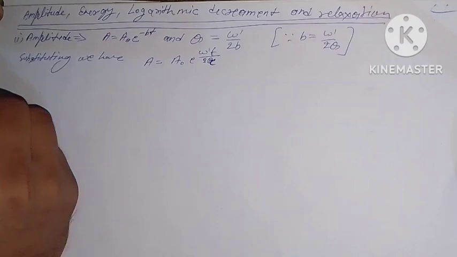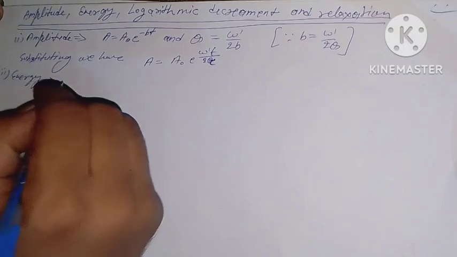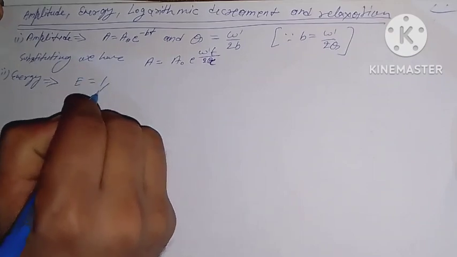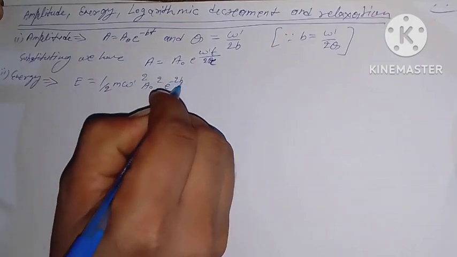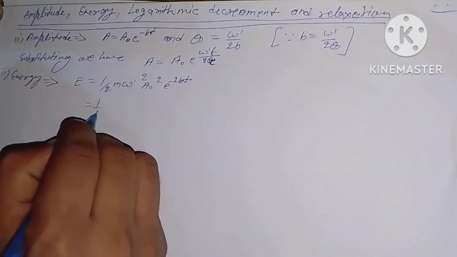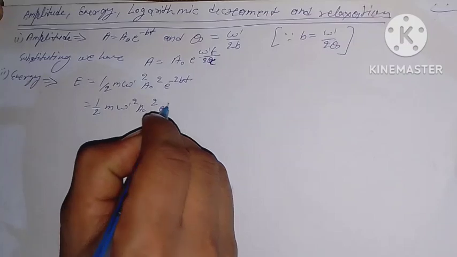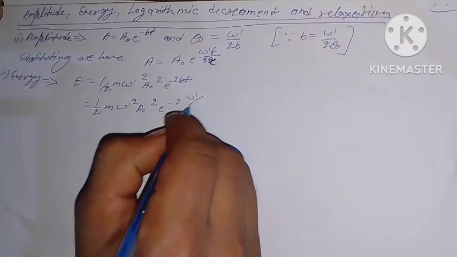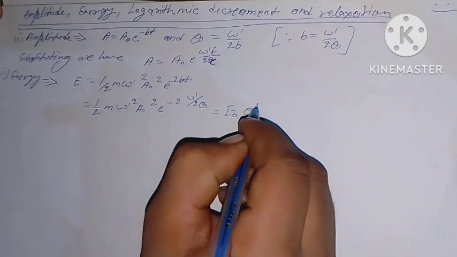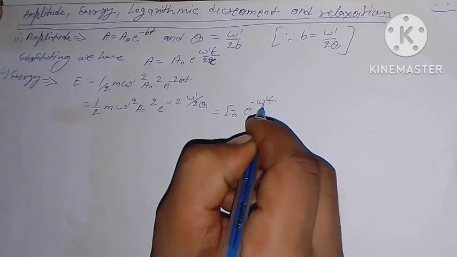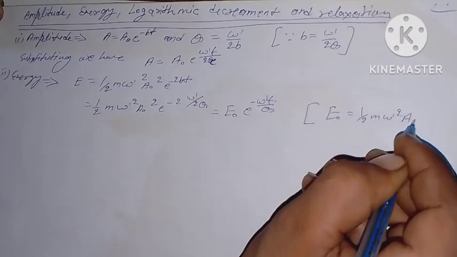Second point, energy. The energy of the oscillation E equal to 1 by 2 m omega dash square A naught square e to the power minus 2bt, equal to 1 upon 2 m omega dash square A naught square e to the power minus 2 omega dash upon 2Q t, equal to E naught e to the power minus omega dash t upon Q. E naught equal to 1 upon 2 m omega dash square A naught square.